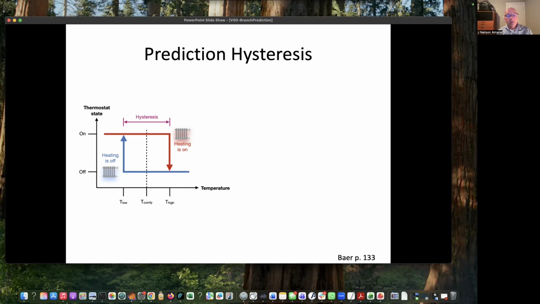If my heating system is on and is warming my house, it will get to my comfortable temperature, but it will not turn off the heating system right away. It will keep heating my house until my house is at a higher temperature than the temperature that I want my house to be, and that's called, in this graph, the high temperature.